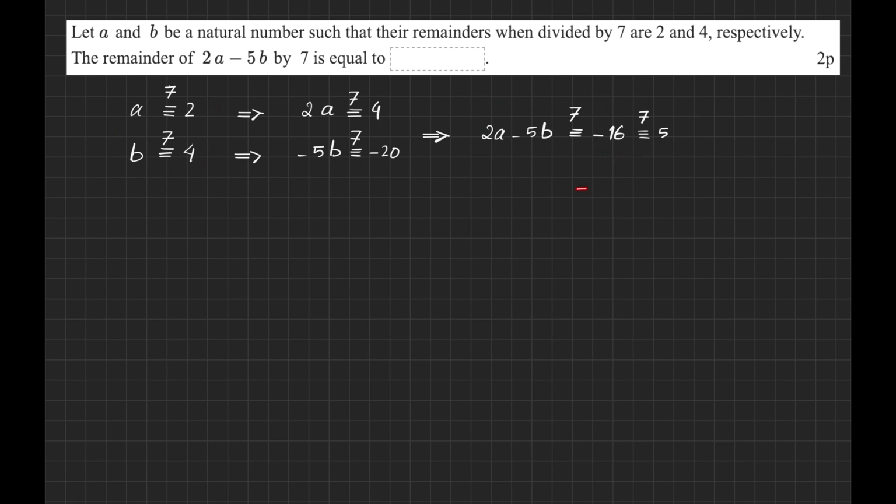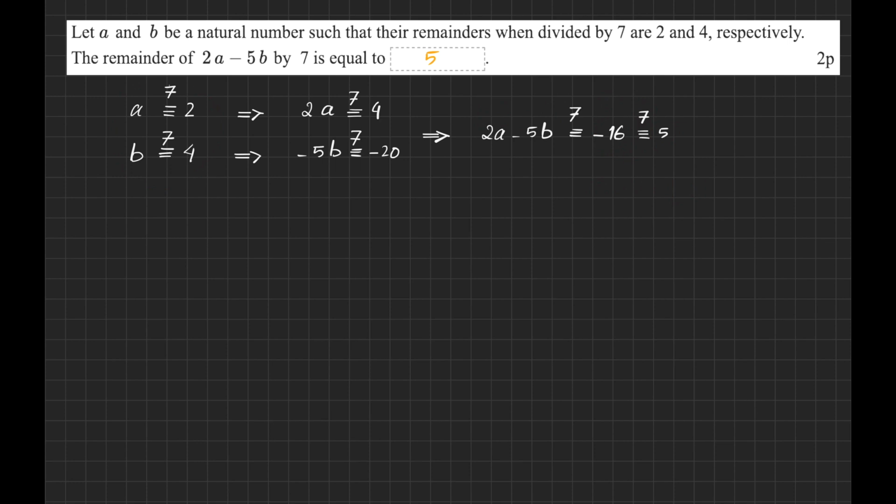Because the left-hand number, minus 16, minus the right number, which is 5, becomes minus 21. And minus 21 is divisible by 7. So yes, this is acceptable. Is this acceptable as the remainder? The answer is yes, because this is non-negative and it's smaller than 7. So the problem is solved, and the remainder is simply 5.